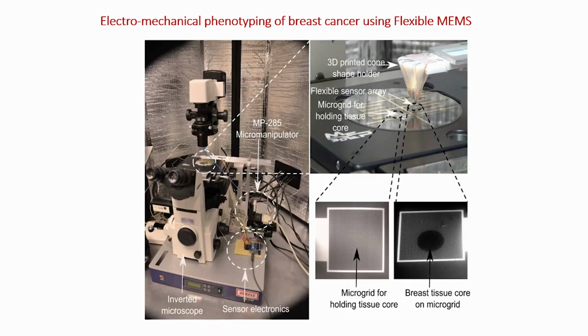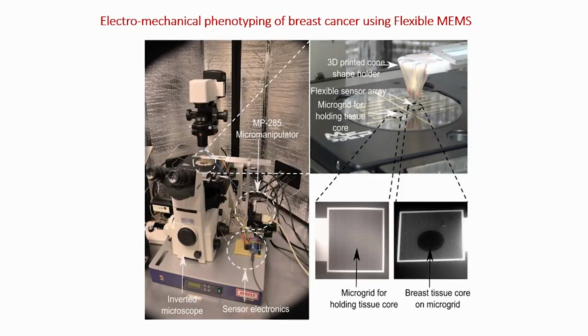So, how are we delineating the normal tissues from the cancerous tissue? For that we have to load the sensor on the 3D printed cone. Why? So that we can indent the tissue. Let us see on the screen what we have.